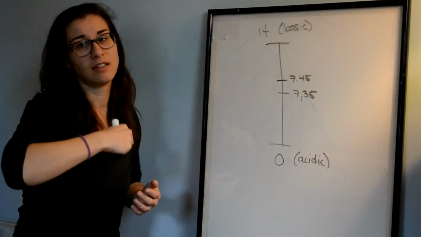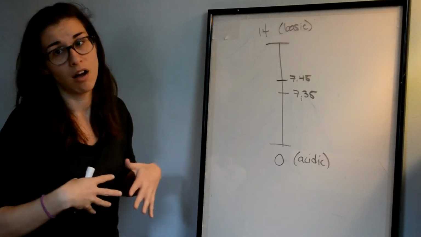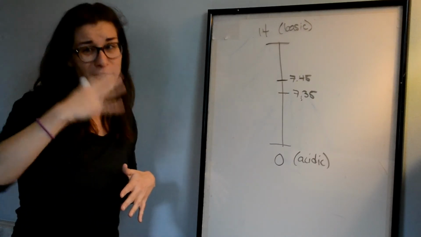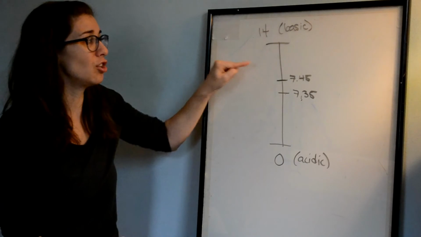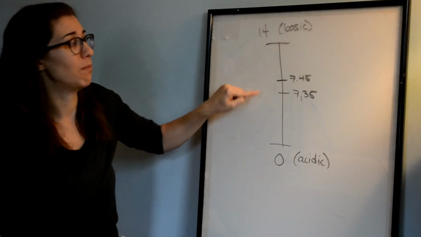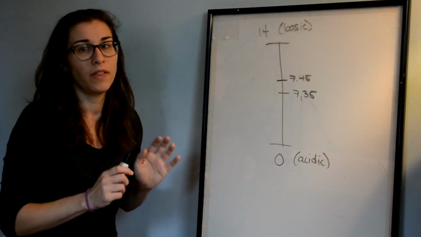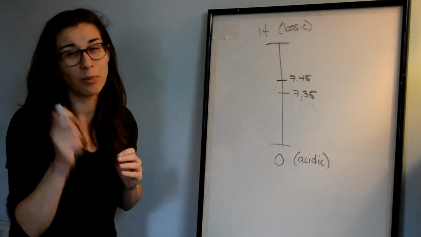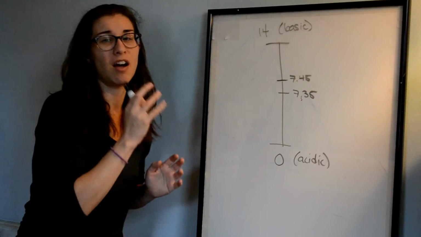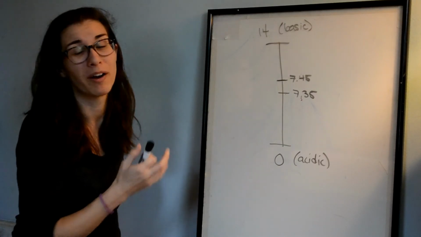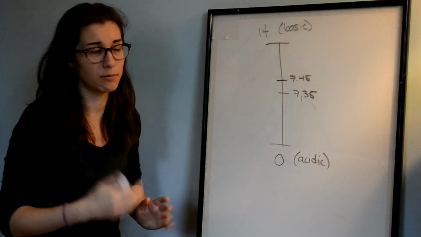So then it sends signals to the lungs to influence how we're breathing to get our pH back into this sweet spot. Within the brain, I'll probably have to do another video specifically on the different parts of the brain so we know where some of these areas are that I'm talking about.